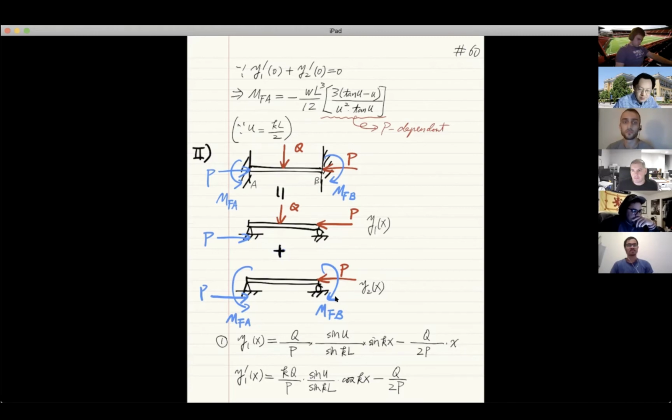And it's because when you apply the force, they will both introduce a deflection for Q, and for MFA, MFB, they both will introduce that one. And so you can imagine that the portion for Q may be just like this much, and more portion for MFA will be increased a little bit.